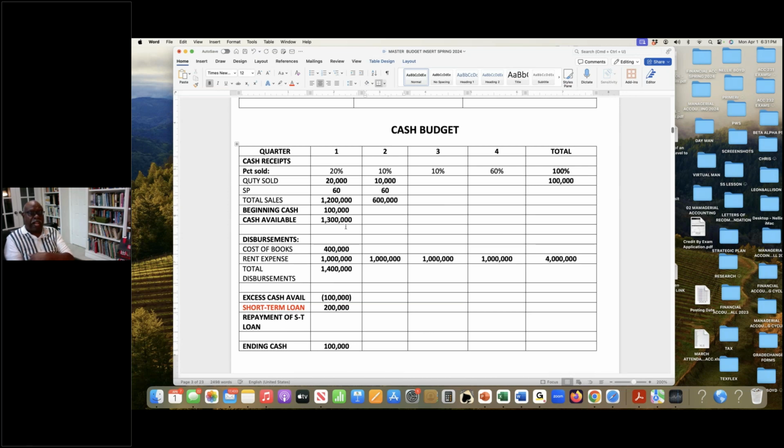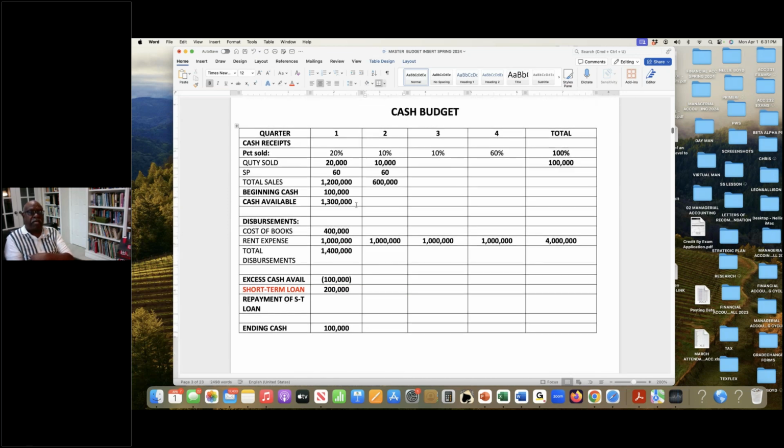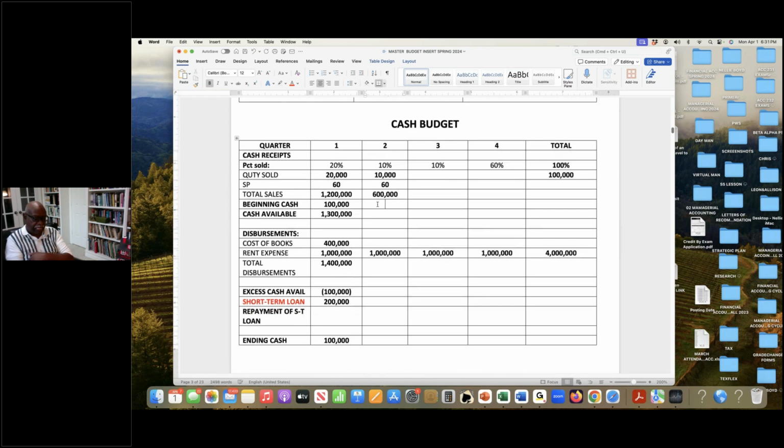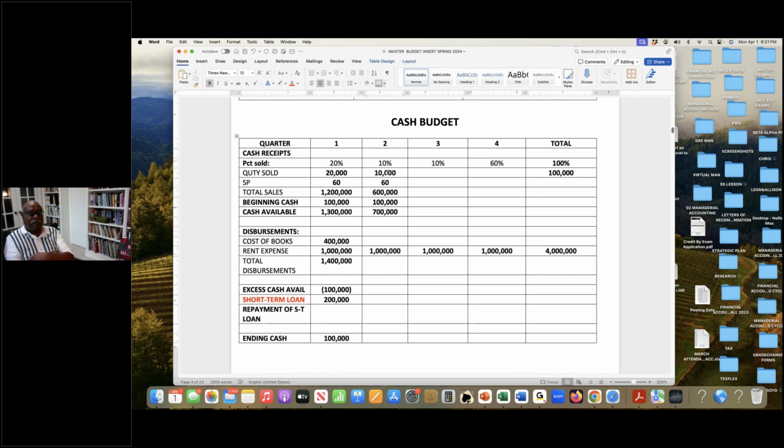Whatever cash we had down here becomes our beginning cash the next time. So we only have 700,000 in cash. We buy these 10,000 books at 20 each, so we have to pay 200,000 for the books.